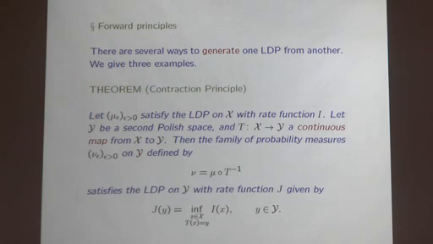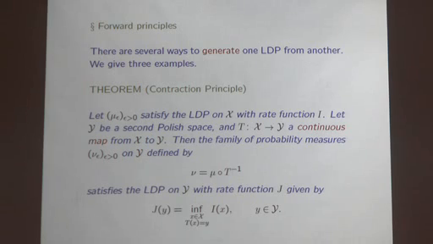Okay, so now once you have an LDP, you can very often create other LDPs out of it. So suppose you have a nice measure where you have an LDP, then there are ways of saying, but then there are also other measures for which you have a large deviation principle.